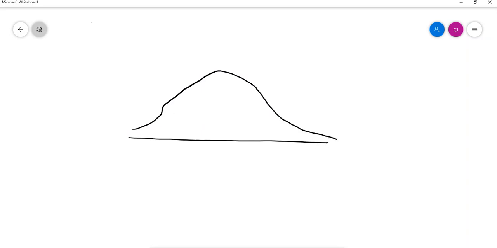All right, there's our normal distribution, as straight as I can get it. So the empirical rule, this is the standard normal distribution, right? We're going to put 0 in the middle. This again is the empirical rule.